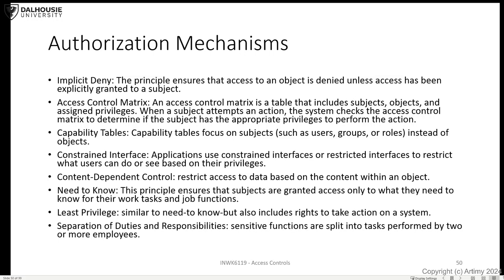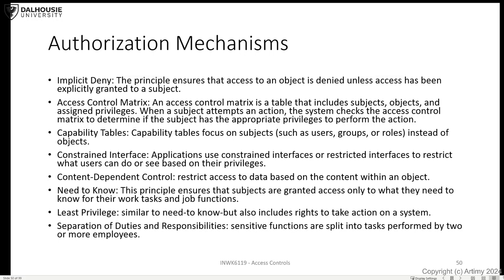Another concept is called separation of duties and responsibilities. I'll use accounting again as an example. Just because you are in an accounting department doesn't mean that you can do anything you want with the salaries and with the paychecks. So, in order to make sure that people don't abuse their privileges, usually we separate the work among multiple people.